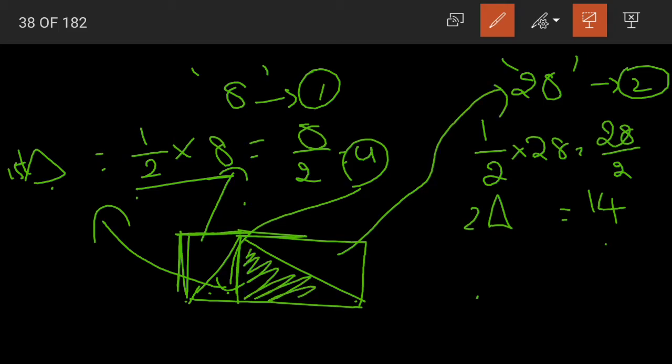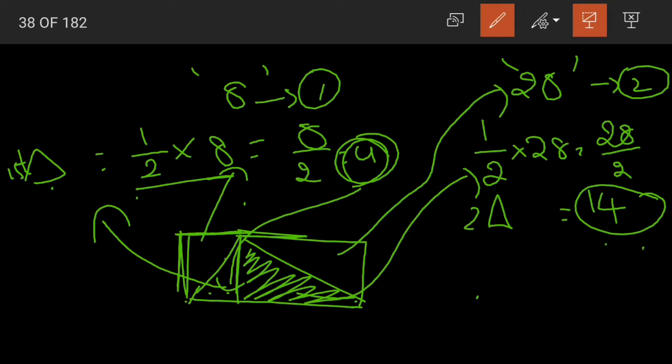So the area of the second triangle becomes half into 28, that is 14. So 4 and 14 are the areas of the first triangle and the second triangle.